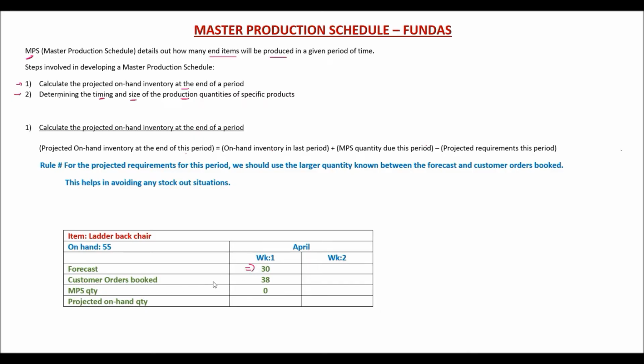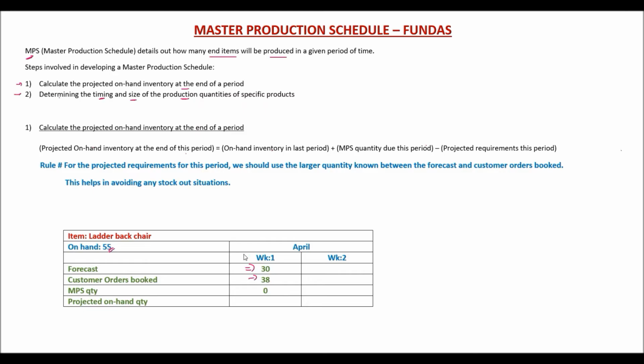That means they are saying that in week 1 the demand will be 30 as per the marketing team. But the actual orders booked are 38. So 38 are the actual orders booked. Now the current on-hand inventory is 55.